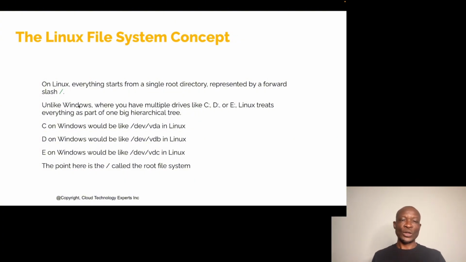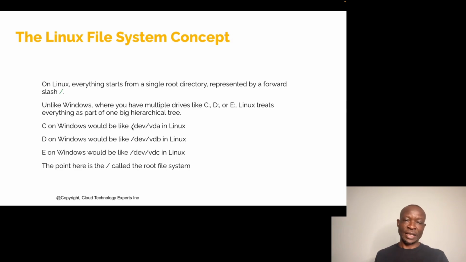All right, and so what we mean by the fact that in Linux, everything starts from the root file system means that, for example, we don't differentiate between different drives with letters. Again, if you're coming from Windows, you might be used to things like C for one of the first hard disk, then D for maybe the second hard disk, and then E for the third hard disk.